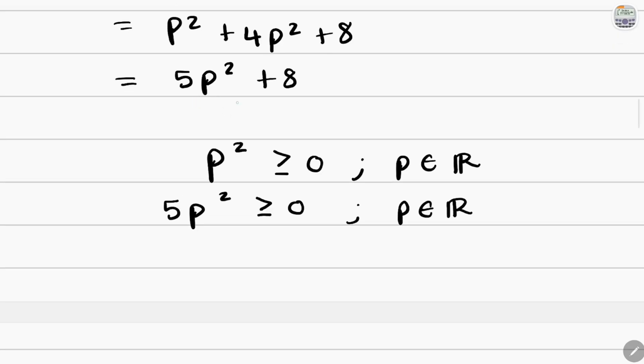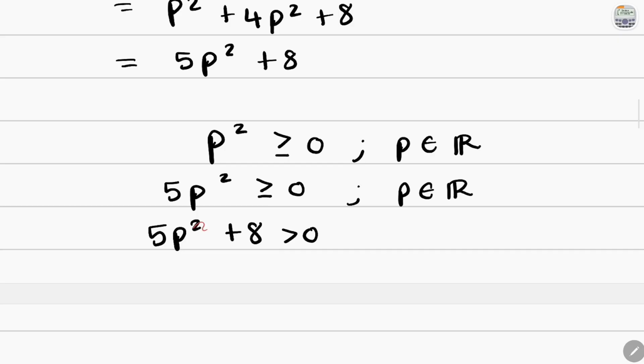And then lastly, the entire expression. We already know that 5p squared is always greater than or equal to 0. Then what happens when you add an 8 to it? This is always going to be greater than 0. Not necessarily equal to 0, because this part, the lowest that it can ever reach is 0. It can be greater than or equal to 0. Now if you add 8 to it, it's going to definitely be positive.